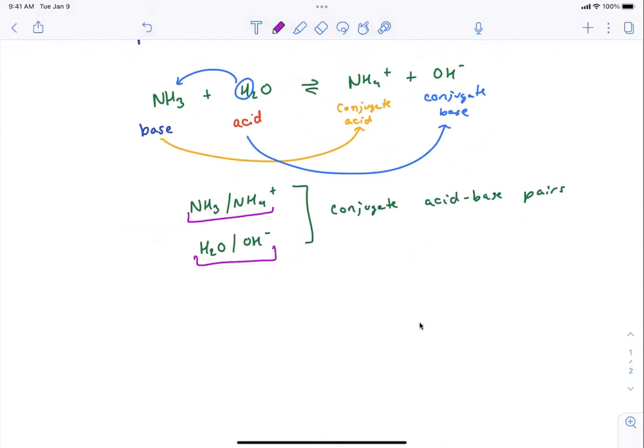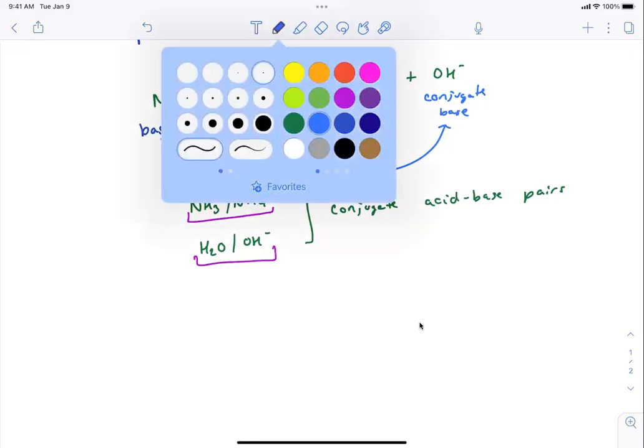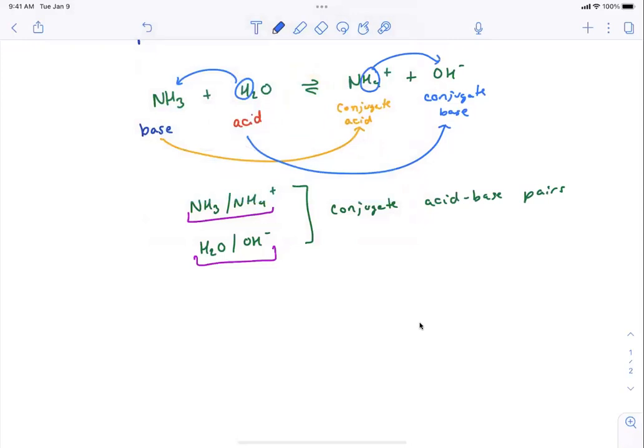Sure. So what you want to imagine here with this, Camilla, is that if you treat it as a reverse reaction, like if you read it right to left, the opposite's going to happen, right? So like if you read it right to left, what's happening here? This H is going here, right? So this is our conjugate acid. This is our acid on the right side, and it happened only because it came from the base.